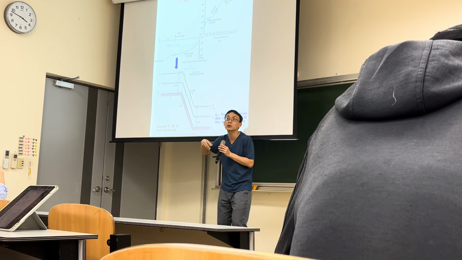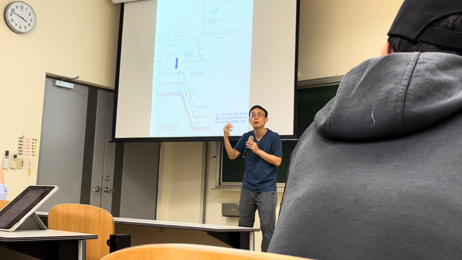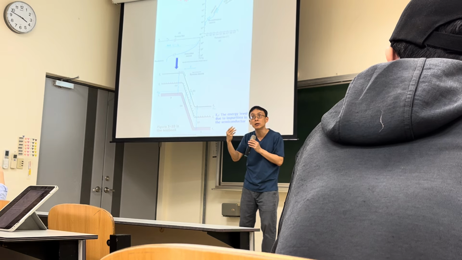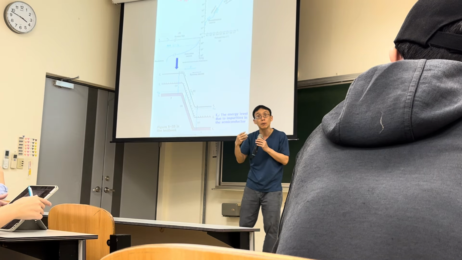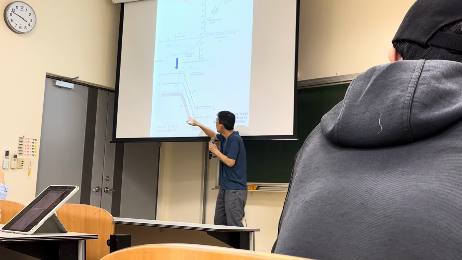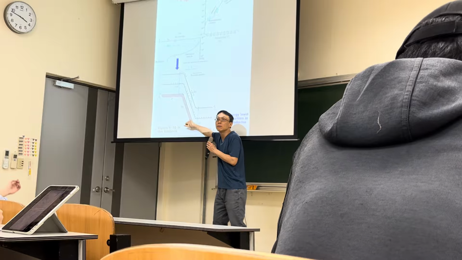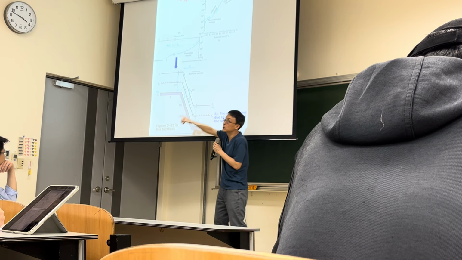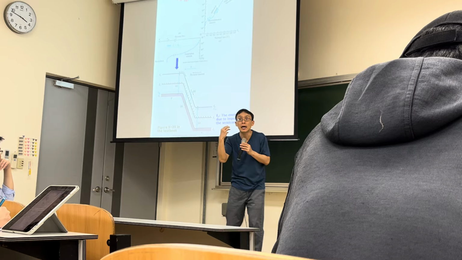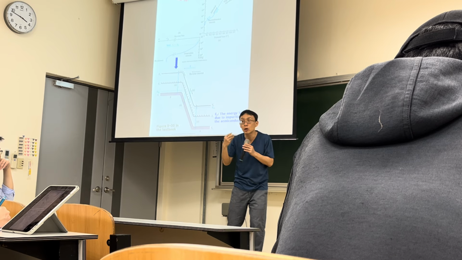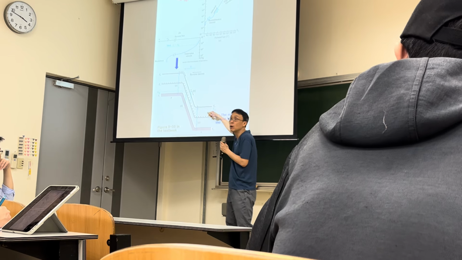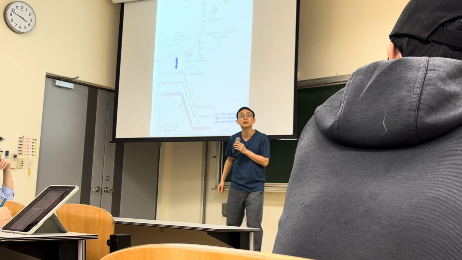But it is not as strong as the avalanche breakdown. Because avalanche breakdown is the impact ionization of electrons from the valence band. But this generation current is due to the impact ionization from the electron in the impurity level. That's different. What's the difference?